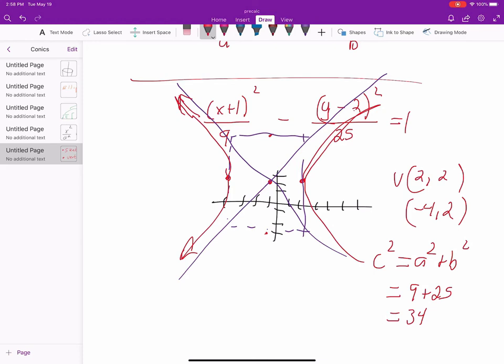So I'm going to go, parentheses, -1, because that's that point right there. Now I'm going to add and subtract the square root of 34. And on the y's, nothing's happening there. It's just staying right there at 2. So those focus points are out here someplace.